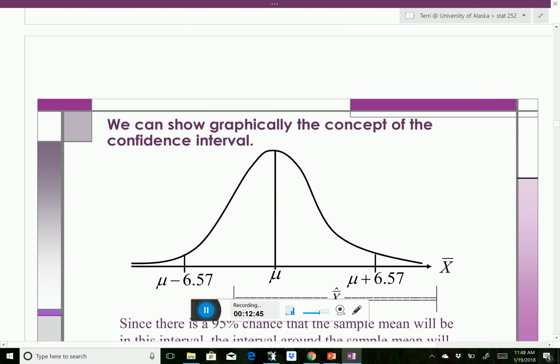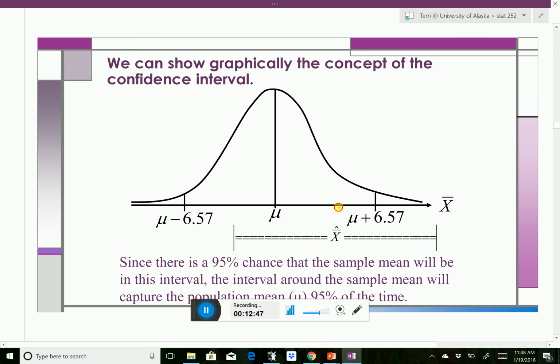So what happens is, here's this X bar that we tossed. We tossed an X bar and we landed. And if you take this piece and this X bar and you add 6.57 and subtract 6.57, essentially you're moving these to here.